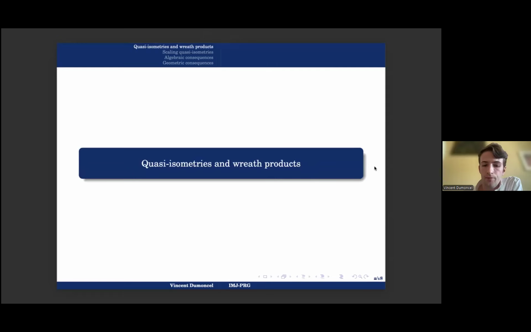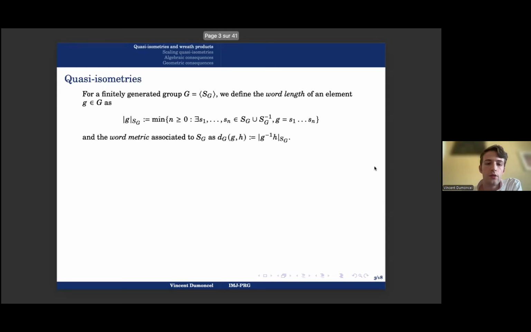So the definition will be quick, but let me just recall that in geometric group theory, we like to look at finitely generated groups from the large scale point of view, meaning that if we fix a finite generating set for a finitely generated group G, we can define what is called the word length of an element with respect to this generating set, just as being the minimal number of generators that you need to write your group element as a product.